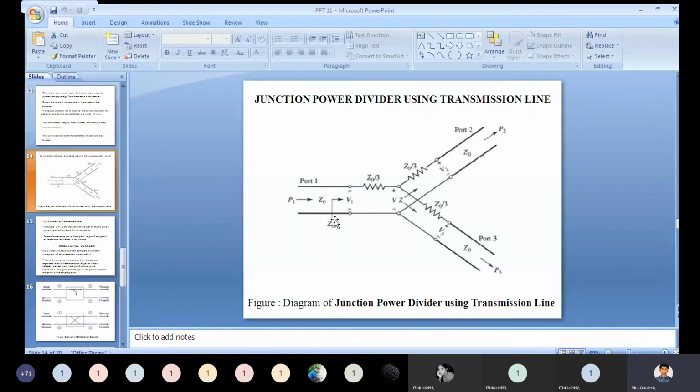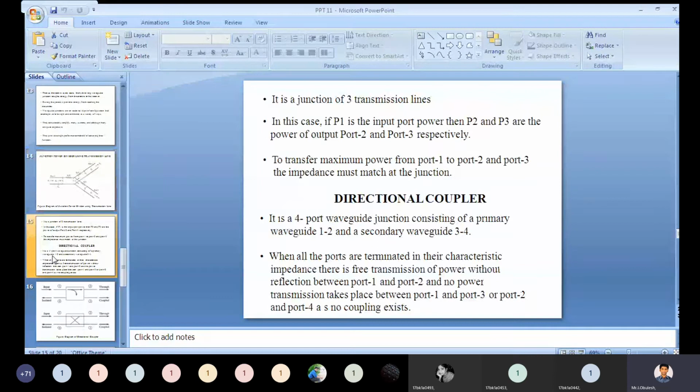Just remember, it is a junction of 3 transmission lines.